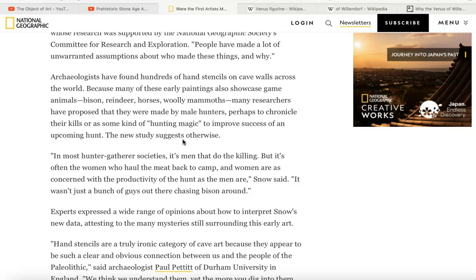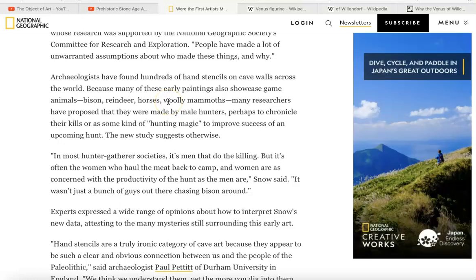As time progressed, they became animals that we now call livestock. Or, maybe not reindeer. But all of these animals, bison, reindeer, horses, woolly mammoths are extinct. But a lot of these animals are now corralled, wrangled, used, farmed, basically, either for their meat or their skin or whatever.